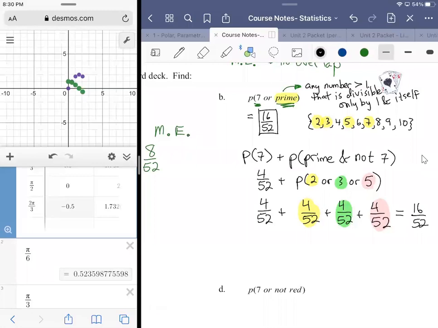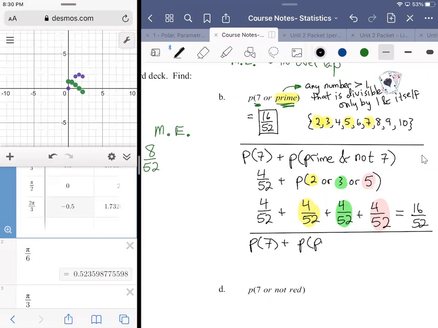So we could have done it the formula way. I'm sorry, the counting it up, the sample space approach, the one formula approach. But also we could say, all right, well, what if I take the probability of getting a 7, add to it the probability of getting a prime number in general, and then subtract off the overlap?